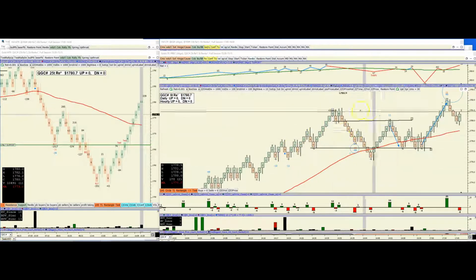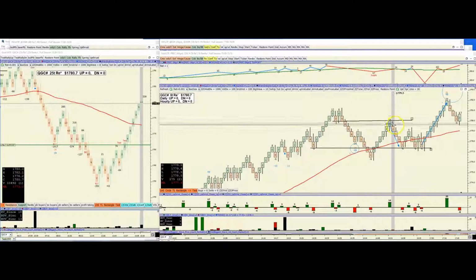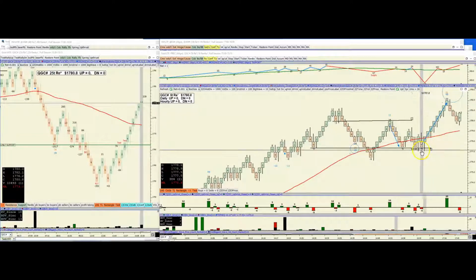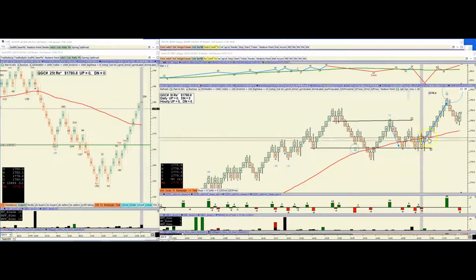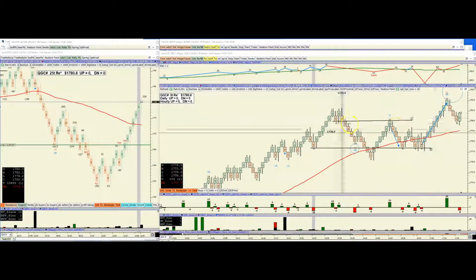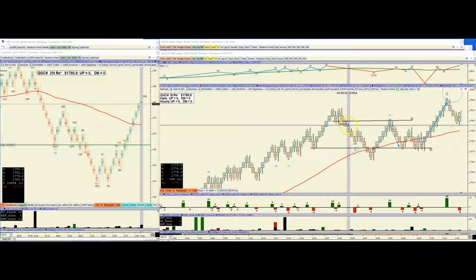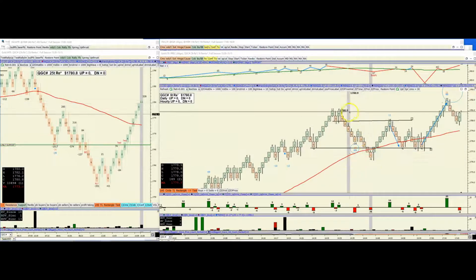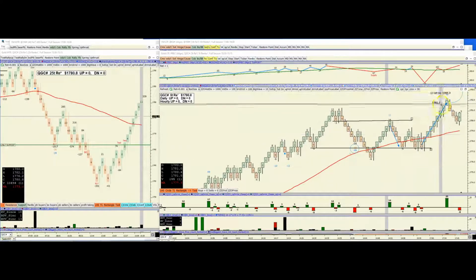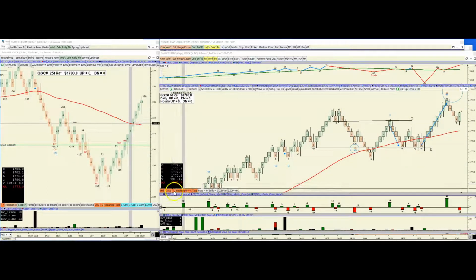And C, early shorts who shorted here are covering. So this is all for the purpose of those three things: testing, springing, and short covering to create a new high.